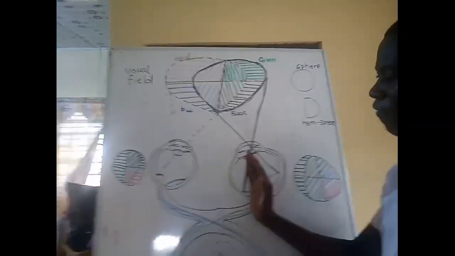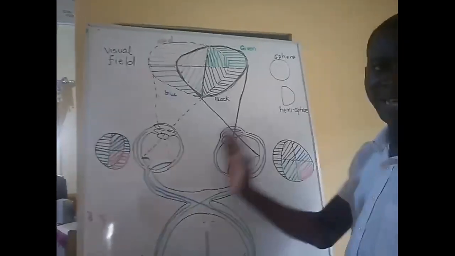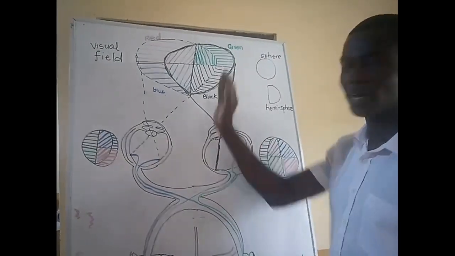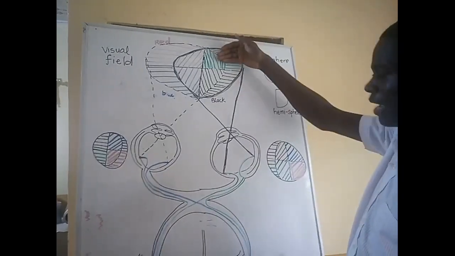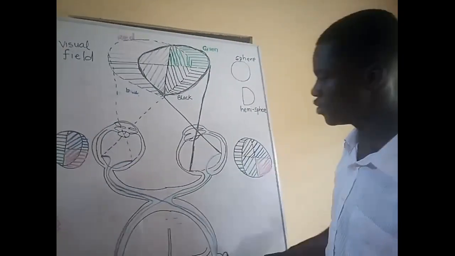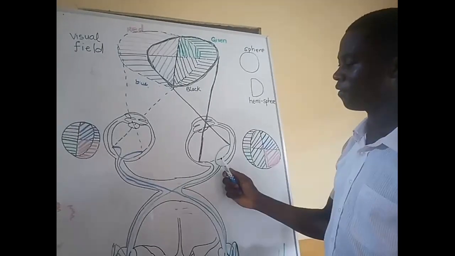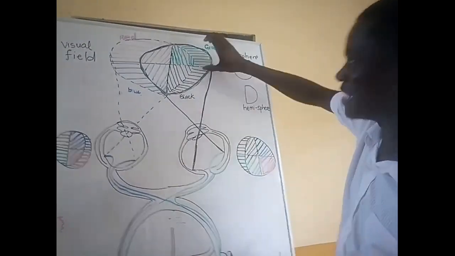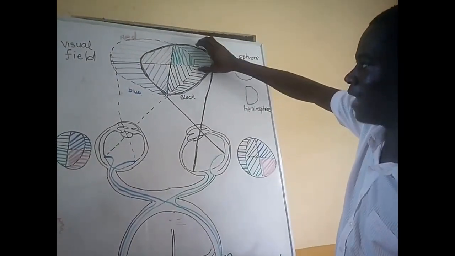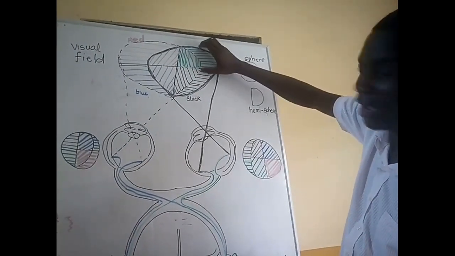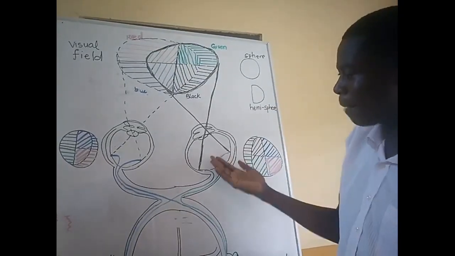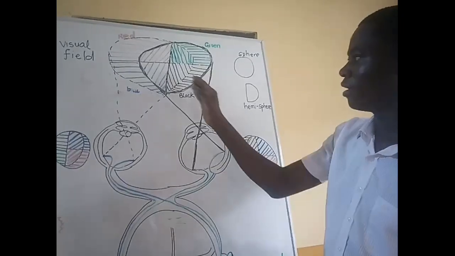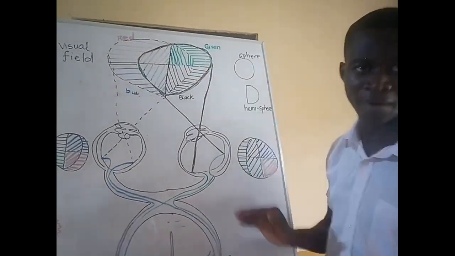So just like we saw for the left and then right eyeball, about the size of the retina and then what they perceive, the quadrants also work that way. So the lower portion of the retina will perceive light rays coming from the upper quadrant, and then the upper part of the retina will perceive a visual field that is in a lower quadrant.